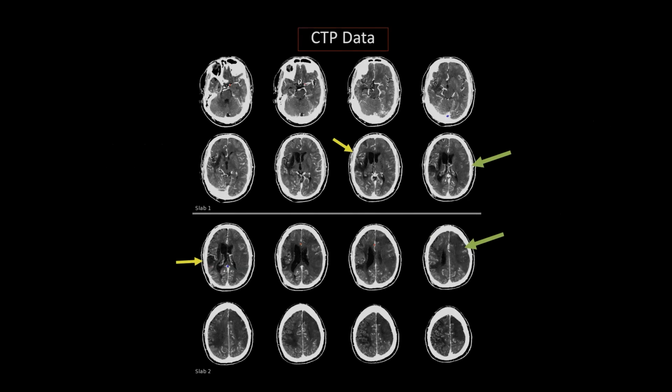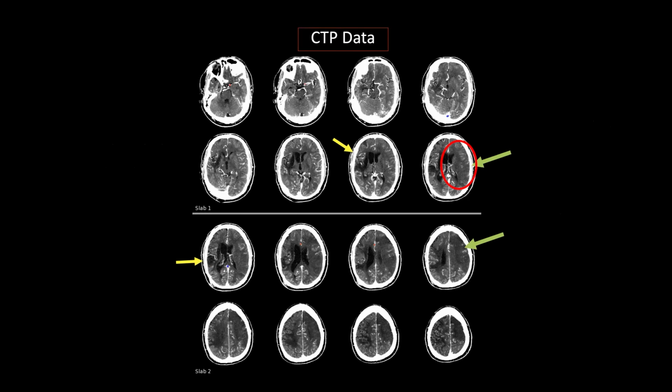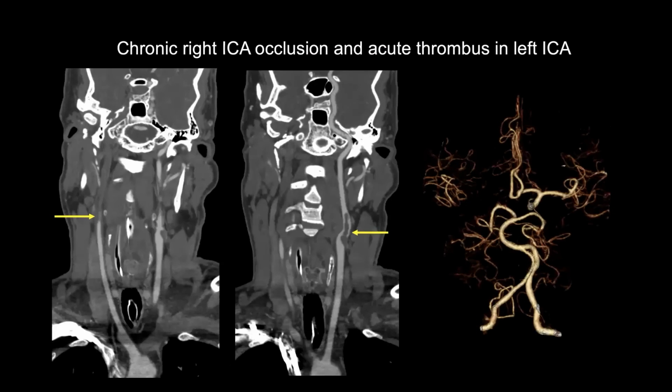And the answer is, remember the history, we said that the patient had previous infarcts. So there are previous infarcts on the right side. The left MCA is the one which is the more acute stroke event. And here is the CTA. This is a chronic right ICA occlusion, but the patient unfortunately also developed an acute thrombus in the left ICA.